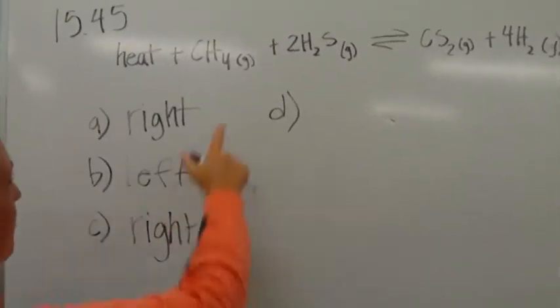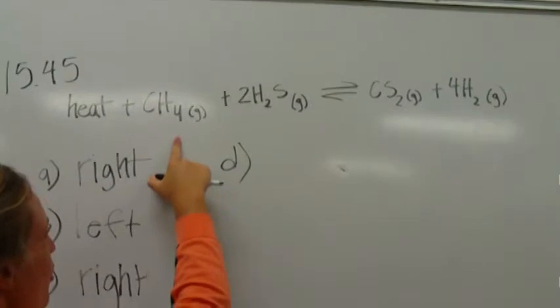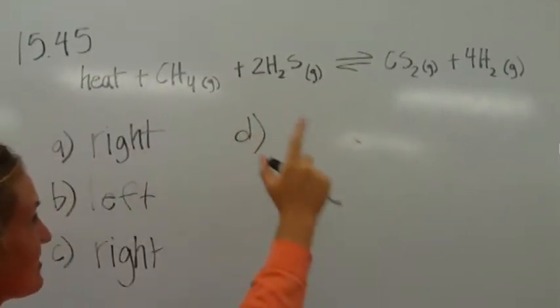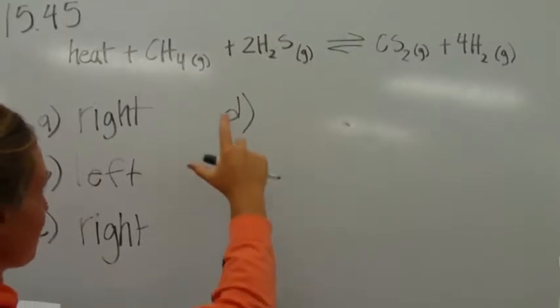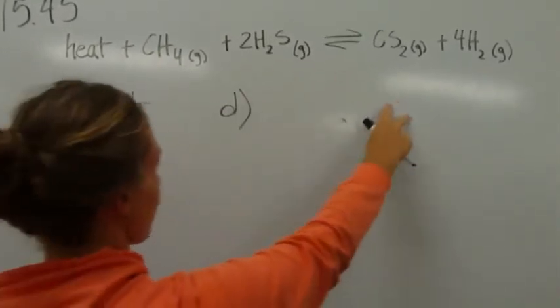So looking at both our product side and our reactant side, which side has fewer moles of gas? That is the reactant side. Over here we have a lot of moles.